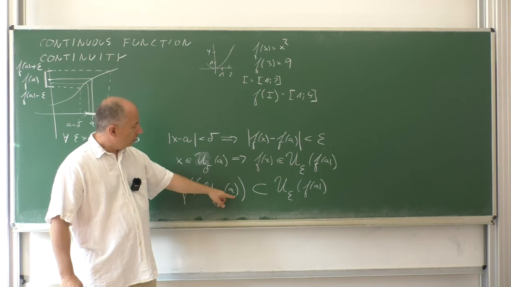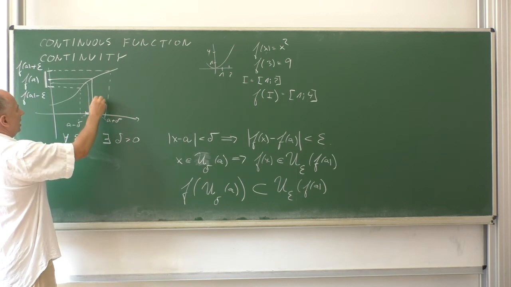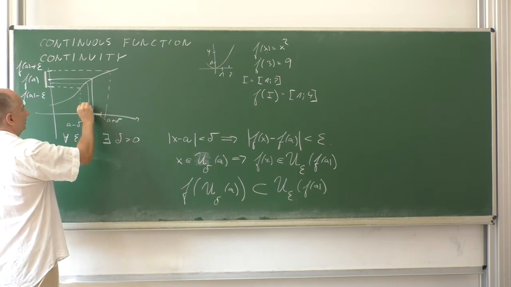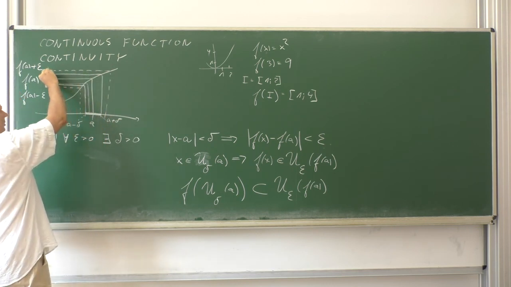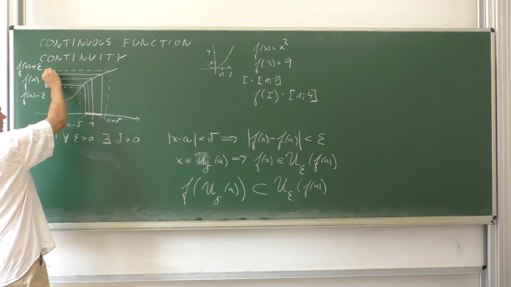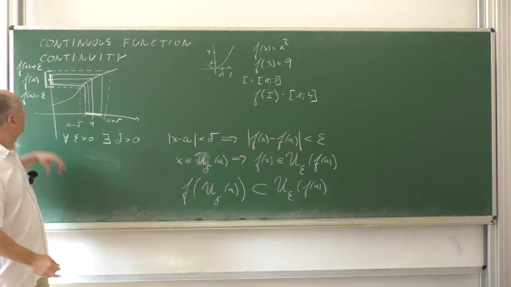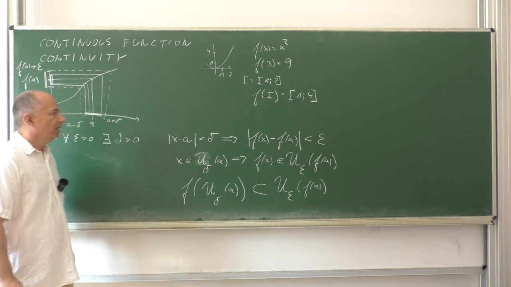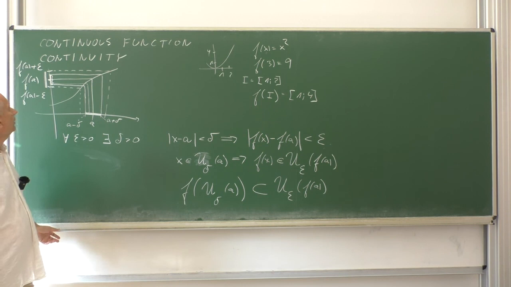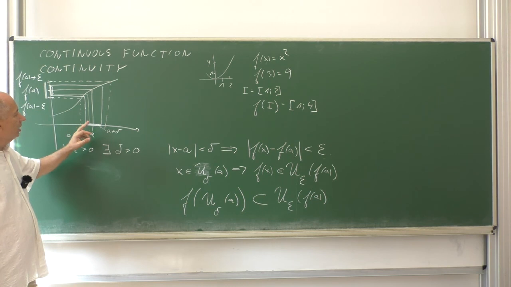And we want all these points to be mapped by the function f into a set, this time this set, to be a subset of the epsilon neighborhood of f(a). So we have 3 equivalent ways to write the definition of the continuous function. And in the next section, we will consider right continuous and left continuous functions.